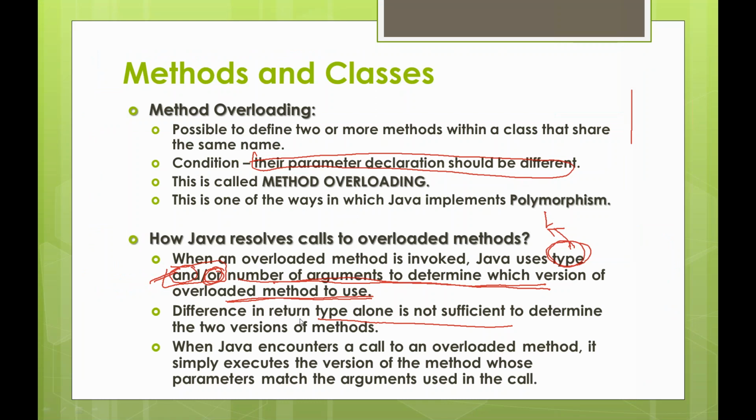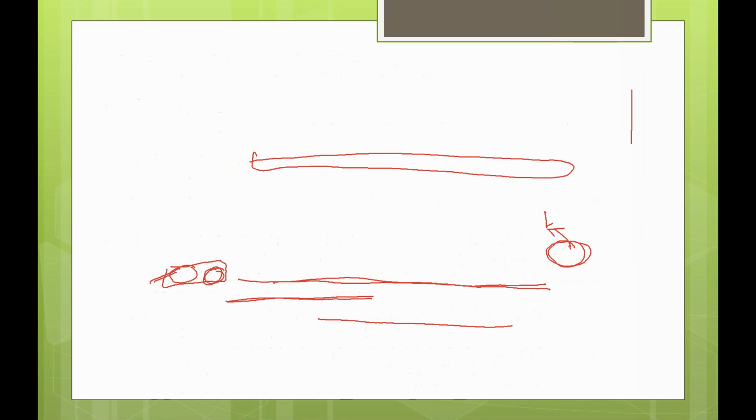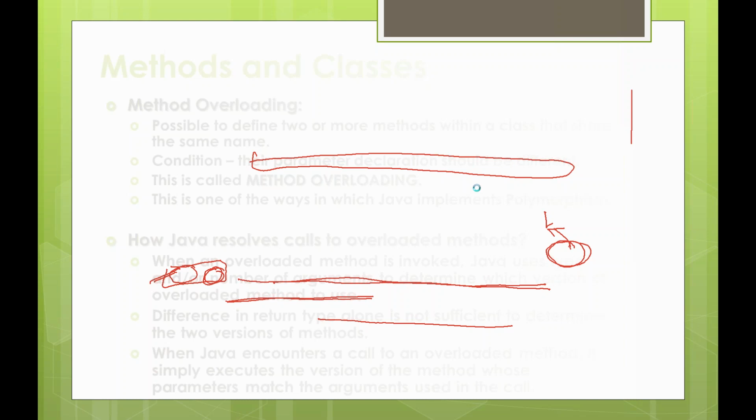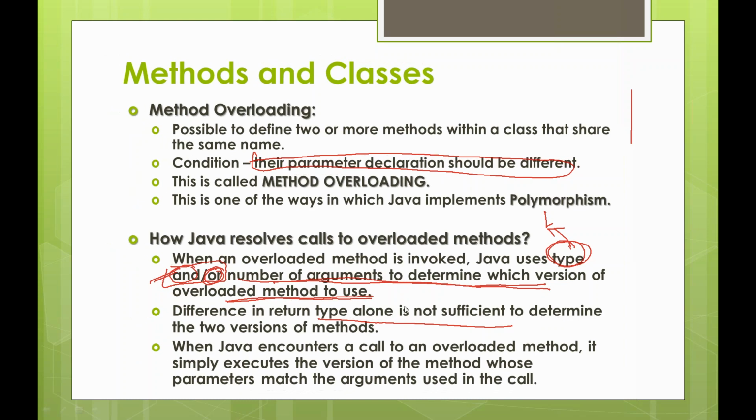Return type alone will not be used for resolving your methods, that is, while deciding which method to call. Java determines the version based on the number of parameters and the type of the parameters.